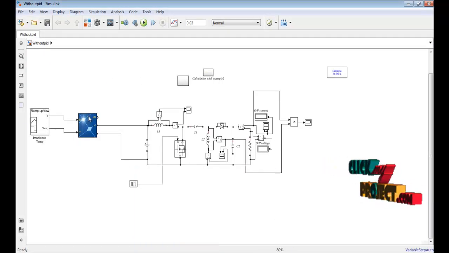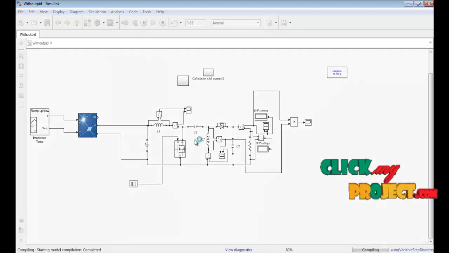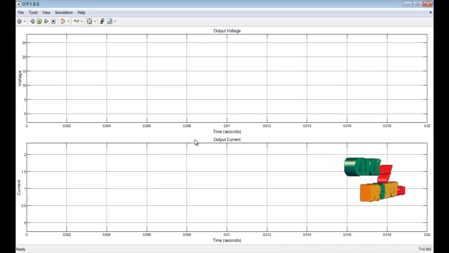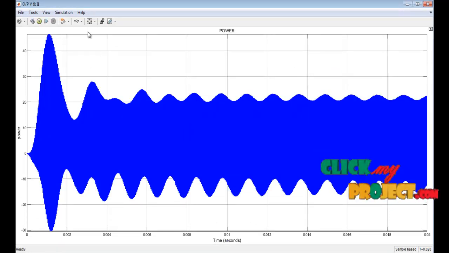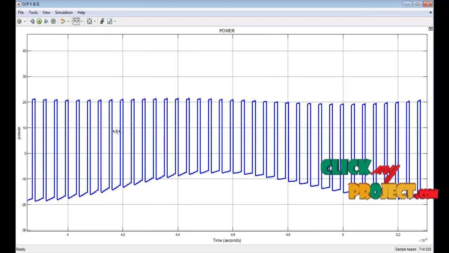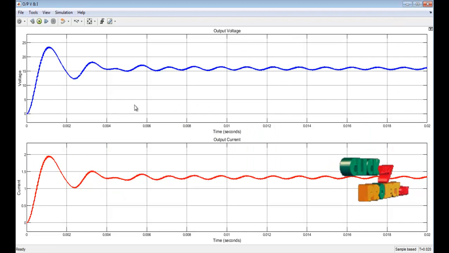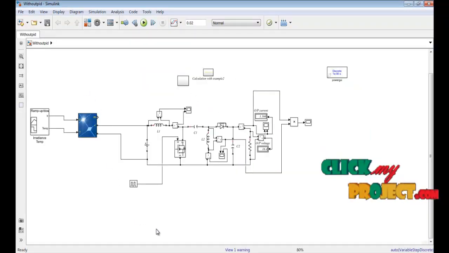The without PID controller is running, and this is also the output of voltage, output of current and output of power. This is the output of voltage and current.